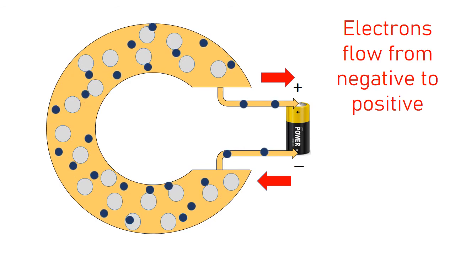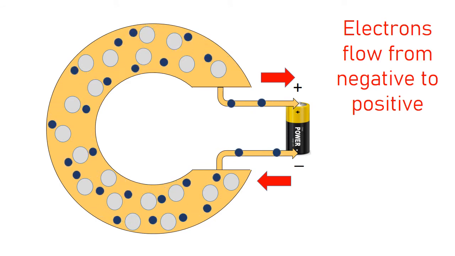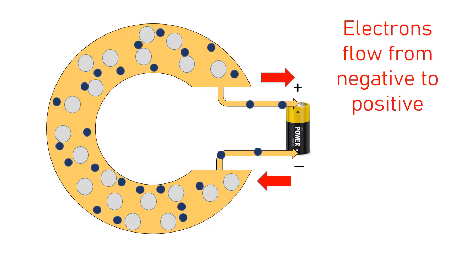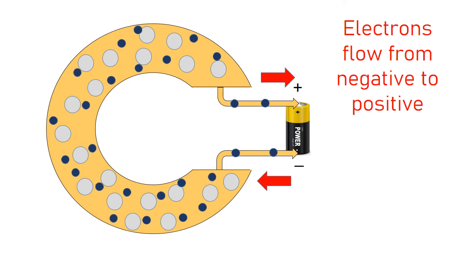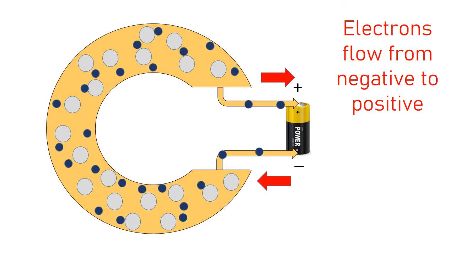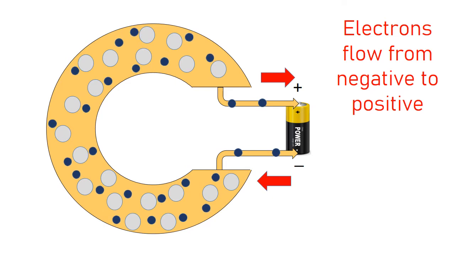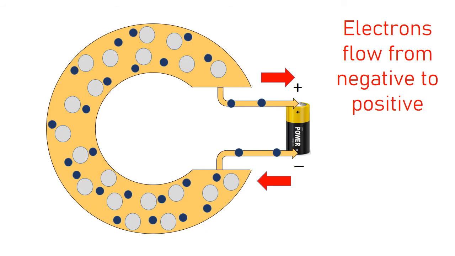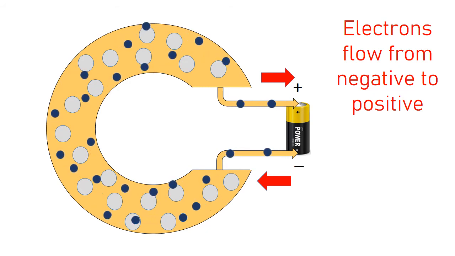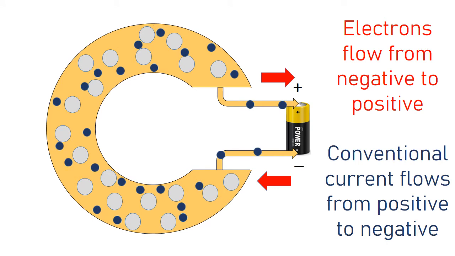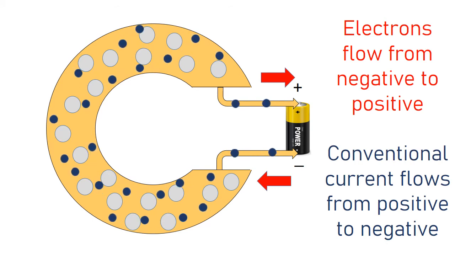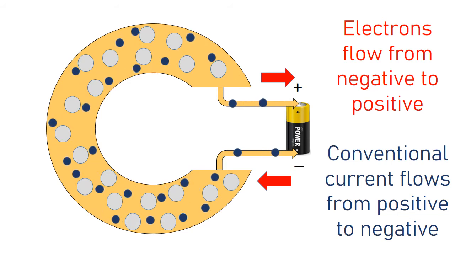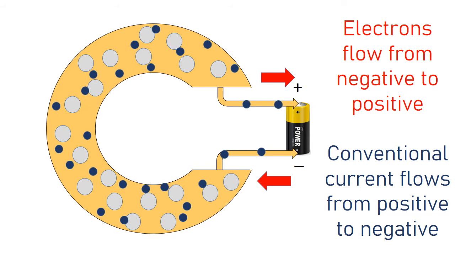Is it clear? Free electrons are moving towards the positive of the cell, and from the negative of the cell, they are coming back to the wire. So electrons flow from negative to positive. But conventional current flows from positive to negative. So in a circuit, we always show the direction of the current from positive to negative, which is just the opposite of the direction of the flow of electrons. Is it clear?